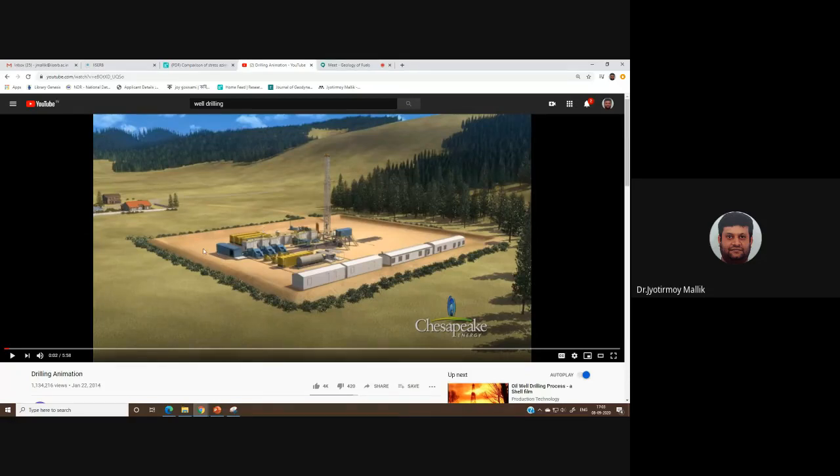You can see there are plenty of units here, some offices and living quarters, where the people who work there perhaps live and work from. There are many other smaller units around this well, and we will explain what those units are slowly as we move ahead.